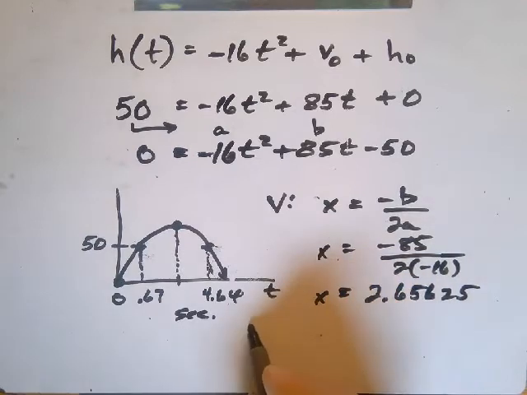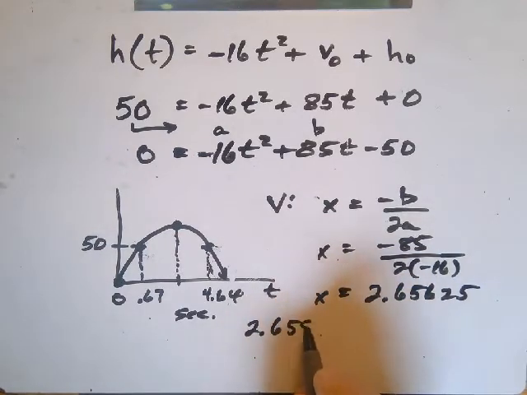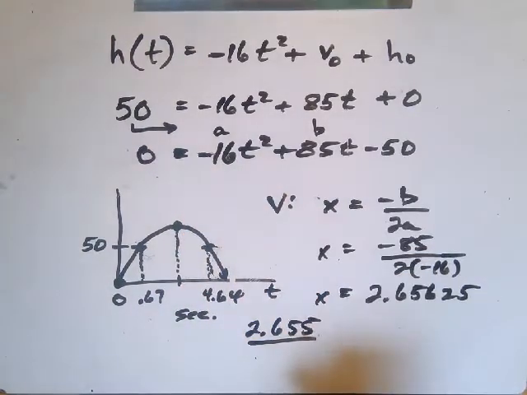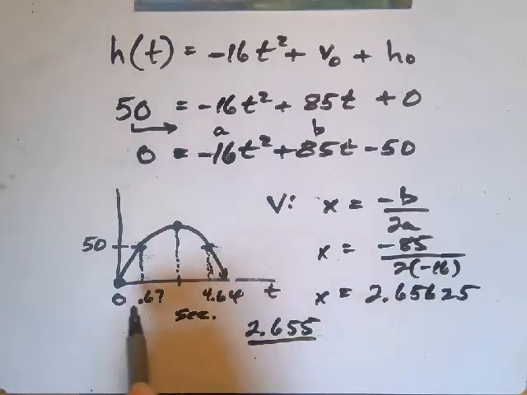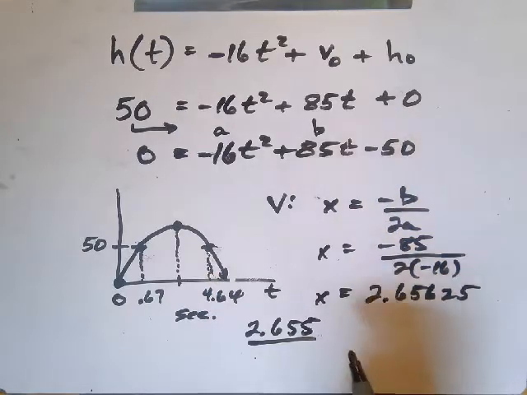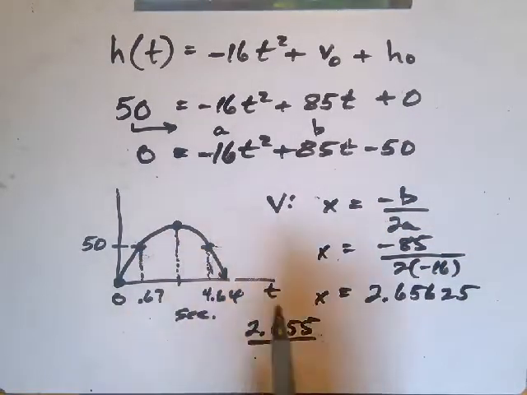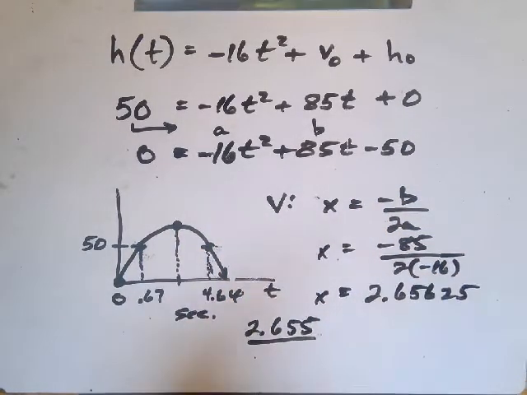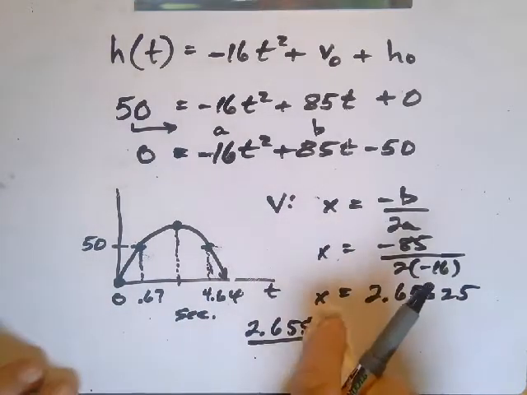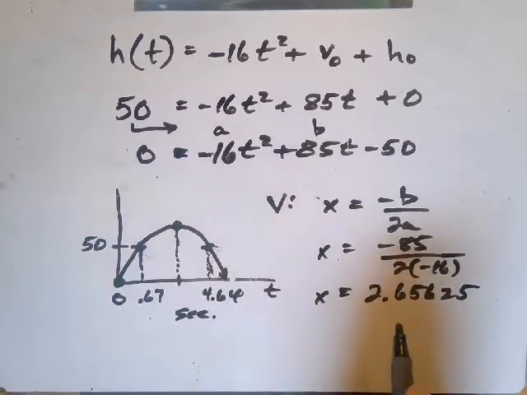And if I did that, I'd get about 2.655. So I could have found that x value a different way. I could have just found their average. I did it this way because I knew these two points already. But now my answer is a little bit more accurate here, so we're going to use the answer I got the other method, okay?